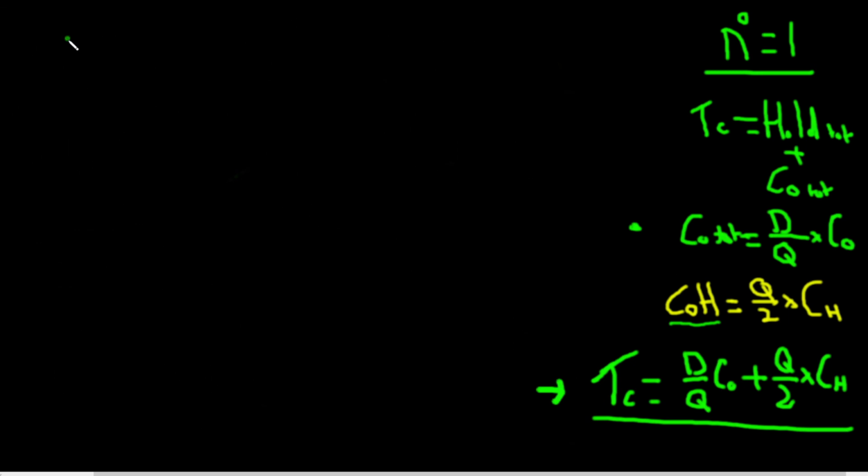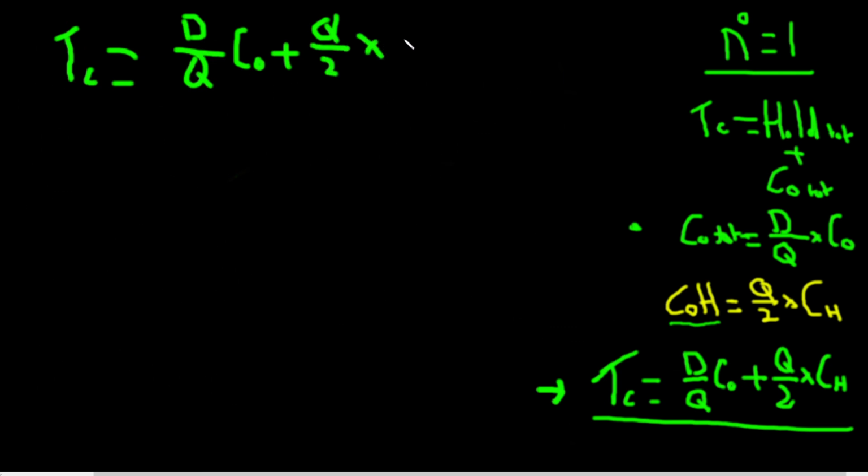So what we've got is TC equals demand over the amount we're going to order each time, times the cost of ordering, plus Q over 2 times cost of holding.